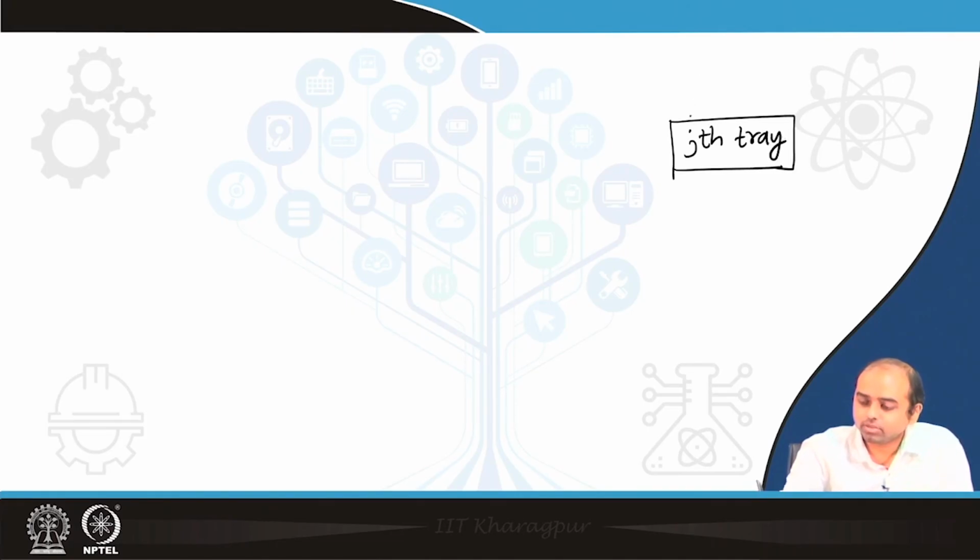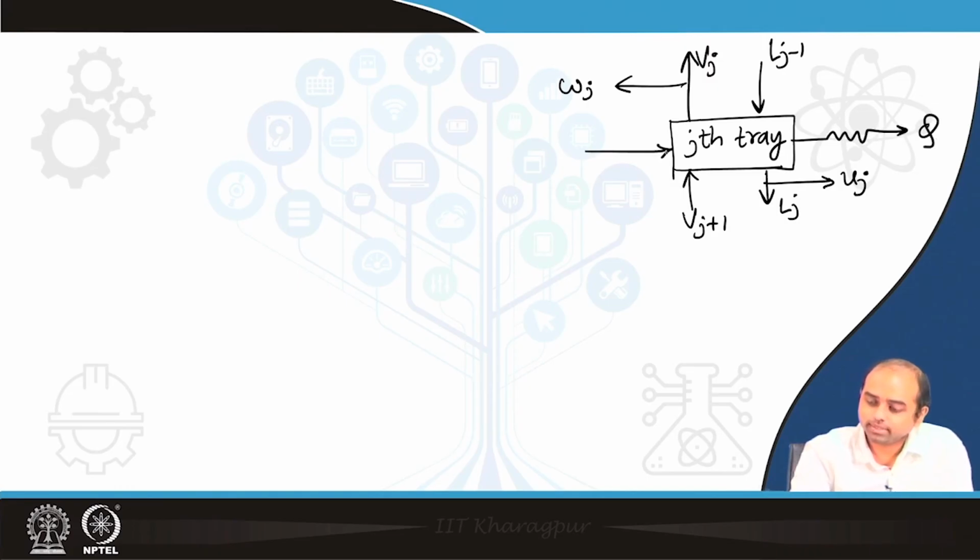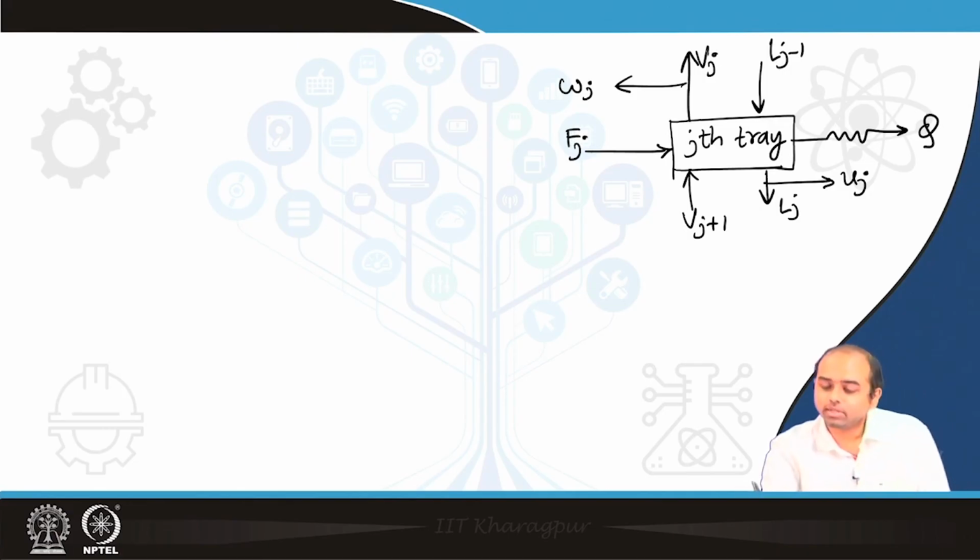This is Vj, Vj plus 1, this is Lj, this is Lj minus 1. You have a side cut, we have defined that as Wj, the side cut here is denoted as Uj, the heat component is Q, and there is the inlet feed Fj.